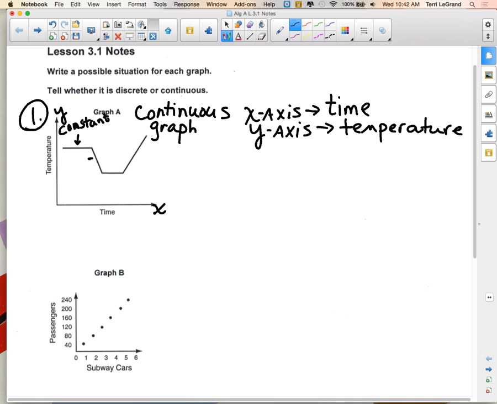Okay, how about this one? What's that doing? It's decreasing, first of all, right? And maybe we could talk about, is it decreasing quickly, slowly? Is that slowly, do you think?